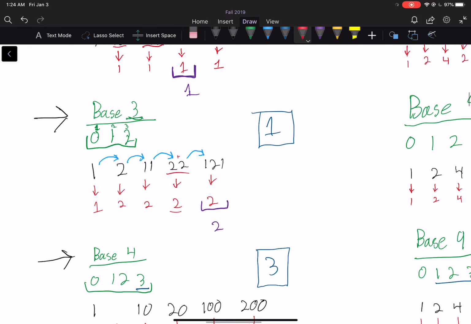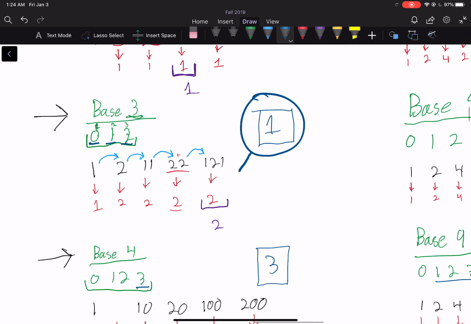Anyways, so what I've done with this navy blue right here is this is the number, or eventually it'll get to plural, but in base 3, so we have 0, 1, 2. This is the number that is not involved in this repeating sequence right here.